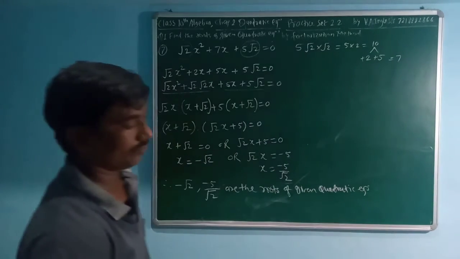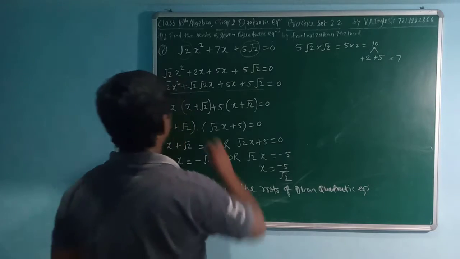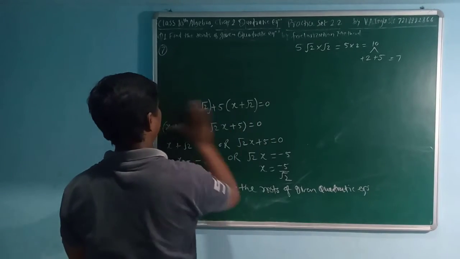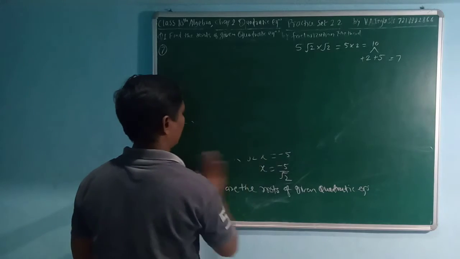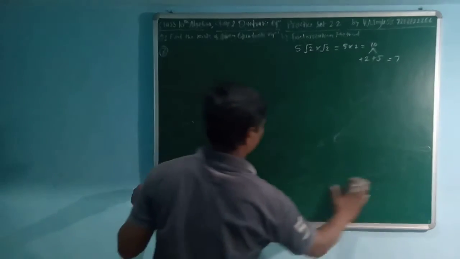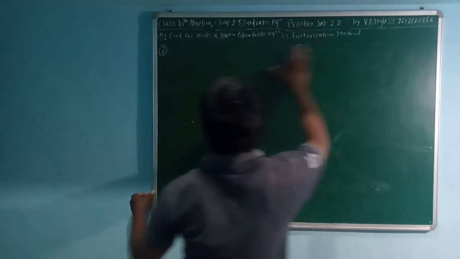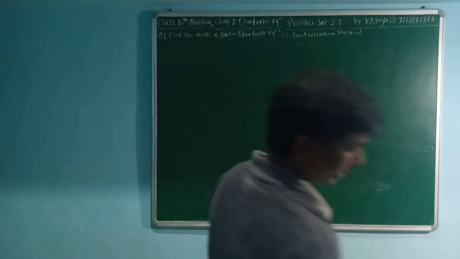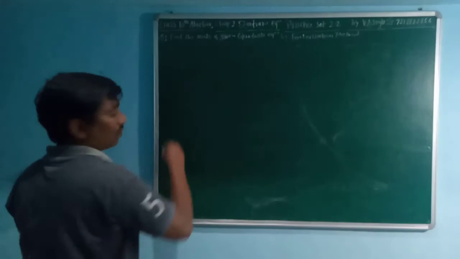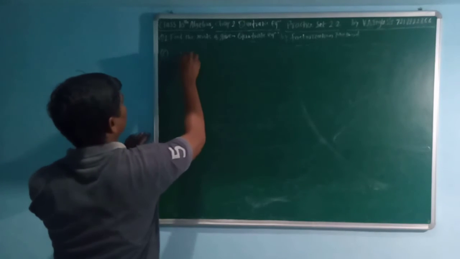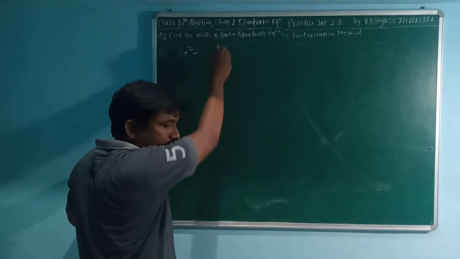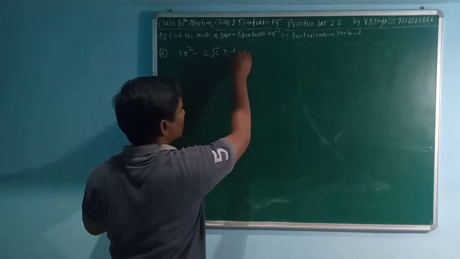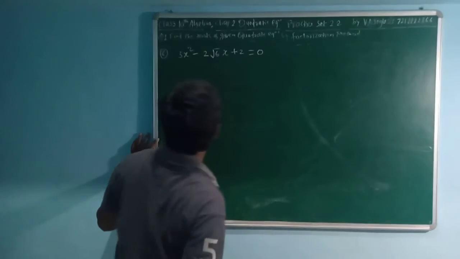Now next we'll go for the example number 8, and we'll find the roots of example number 8. Now example number 8 is 3x square minus 2 into root 6x plus 2 equals to 0.